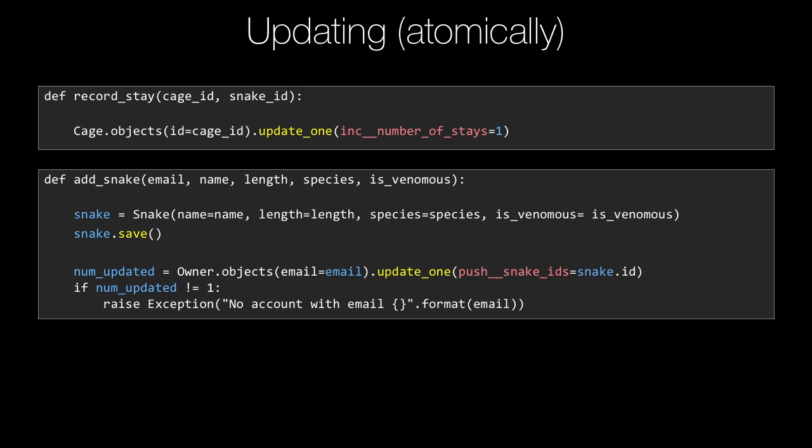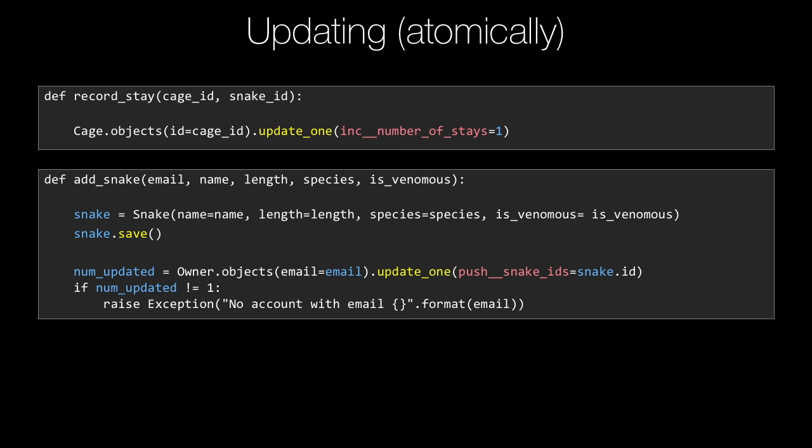So we're saying update 1, and we're using the push operator. That's $push. And we're going to push it onto the snake IDs collection. Another thing we might do, which probably makes even more sense, would be add to set. That's another related operator that will say, add this ID to this set or this list, if and only if it doesn't already exist. So you won't get duplicates, right? So we're pushing the snake ID on there. That way we never pull the owner back. These are atomic.